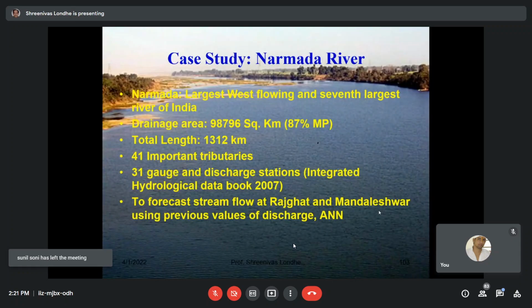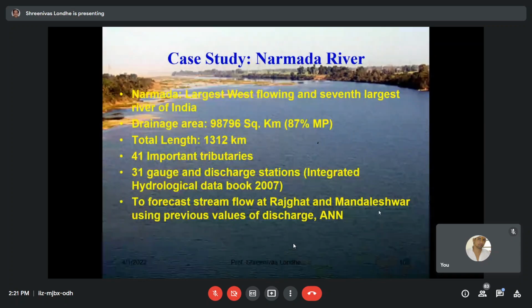This is in 2007. Now we are in 2022. This must have increased by leaps and bounds, so a lot of data is now available. But a similar work, I doubt whether we can do it for the fresh data because now we have the Sardar Sarovar project.